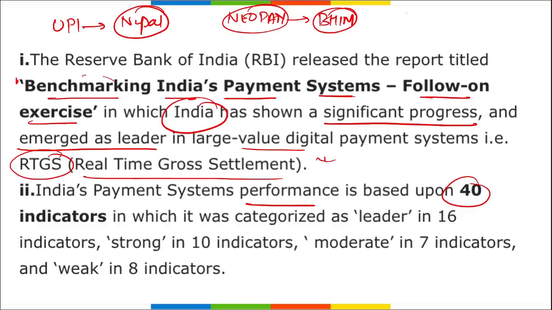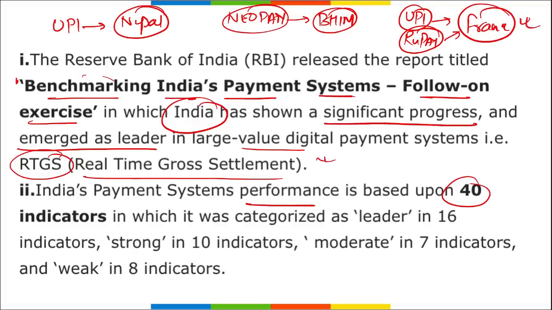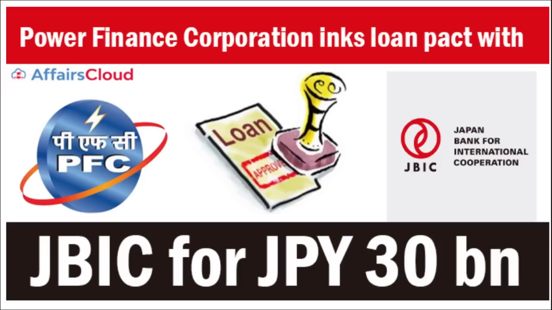And also remember, recently UPI and RuPay have both signed to be used in which country? In France. People will now be able to transact between India and France with the help of UPI, or people of France will also be able to use the UPI and RuPay system there.